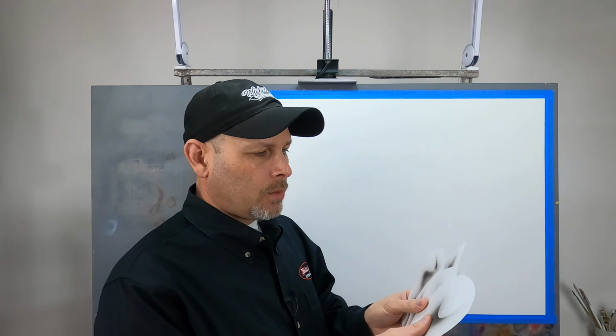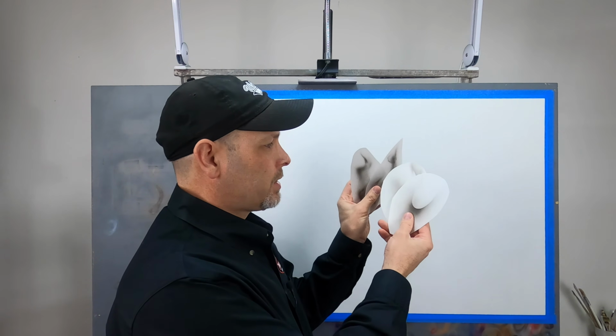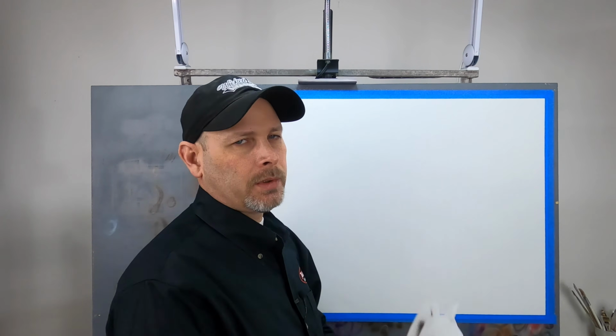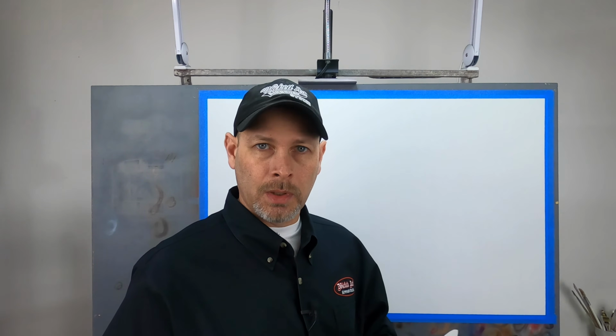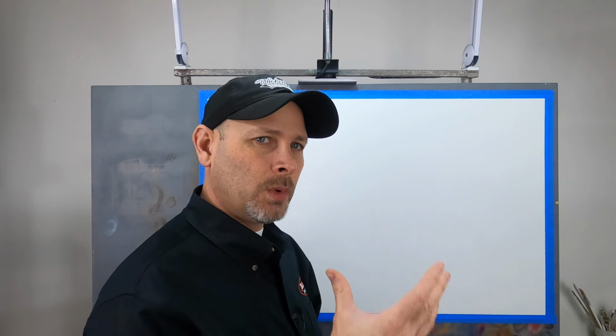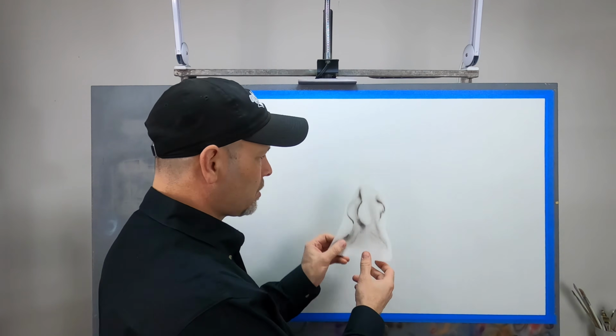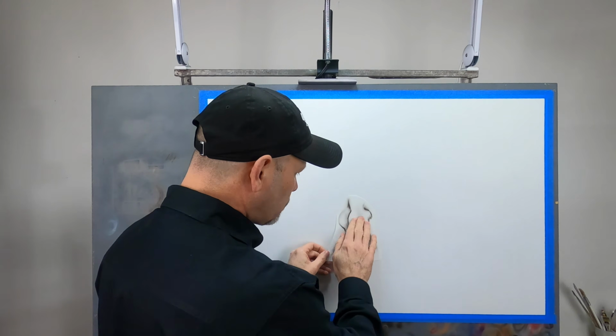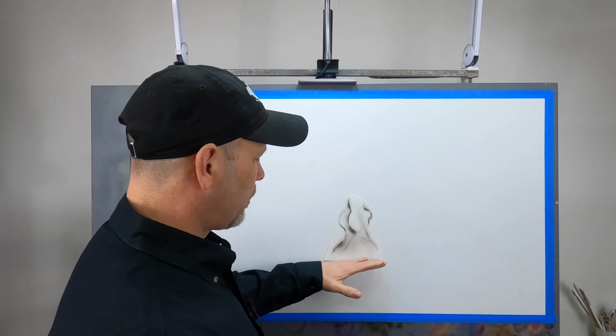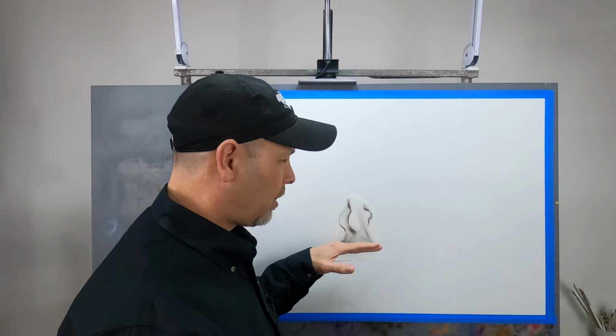For this demonstration, what I did is I took all those singular elements that we just painted and I cut them out so that we can copy and paste things onto the canvas to give you an idea of what it might look like in the end when you actually paint it. So starting with this one, I think would make a good base for the fire. This is the beginning of our story.